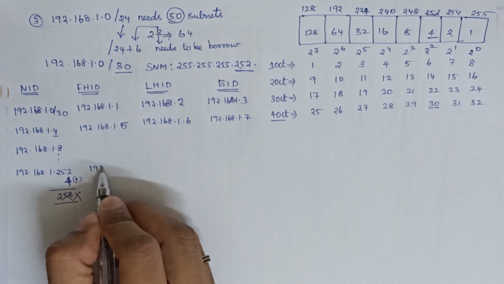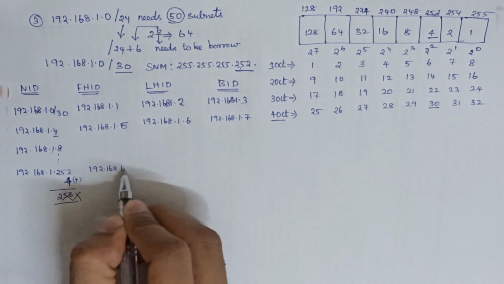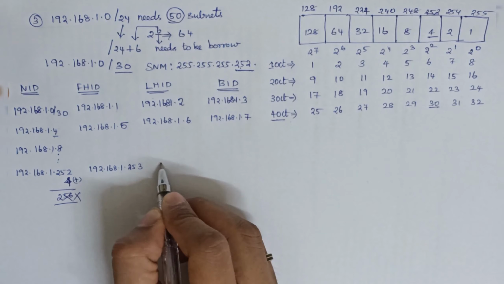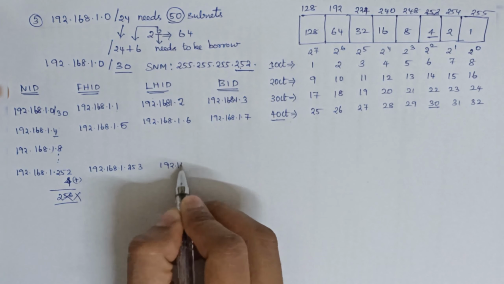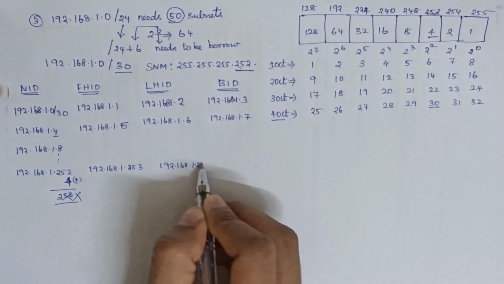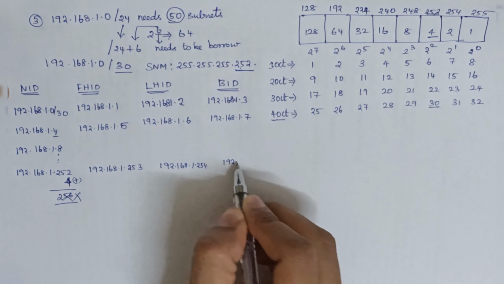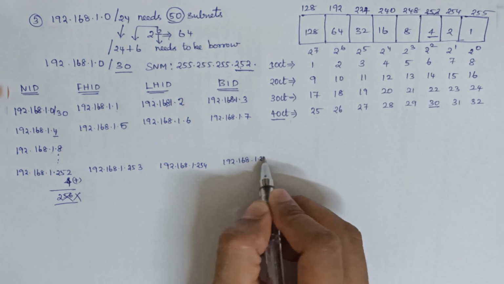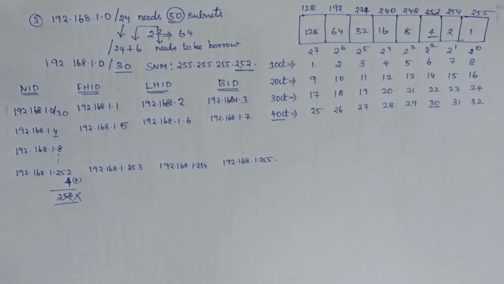So 192.168.1.253 here, and last host 192.168.1.254, and 192.168.1.255 is the broadcast IP. So in each network here we are having only 2 IPs because we have taken 50 subnets here.